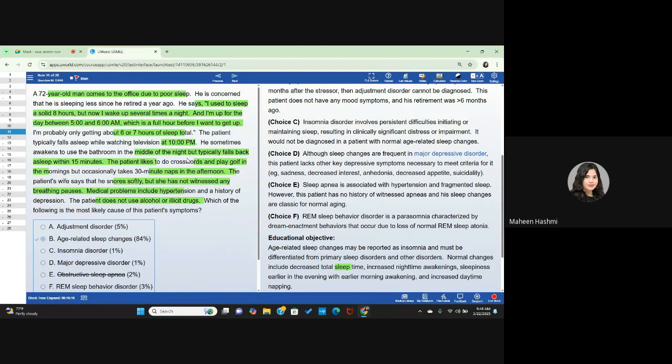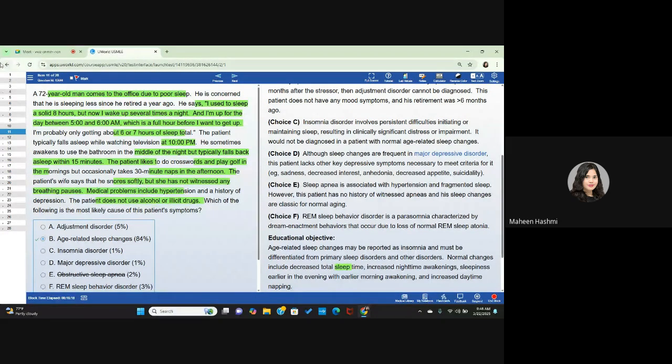So it's very habitual for older people to wake up a lot of times in the middle of the night. It can be given as a distractor for having a UTI or any sort of urinary incontinence, but it's usually not urinary incontinence in most older people. They just feel like they have to go to the bathroom.